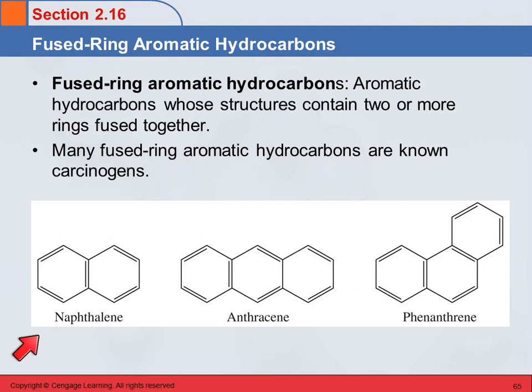A lot of these have special names. This is naphthalene. Many of these fused ring aromatic hydrocarbons are carcinogens, so they're cancer-causing agents, and a lot of them are pretty dangerous. And I think that's the end, yay, of chapter 2.